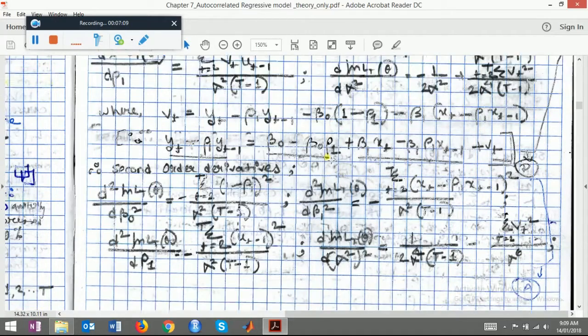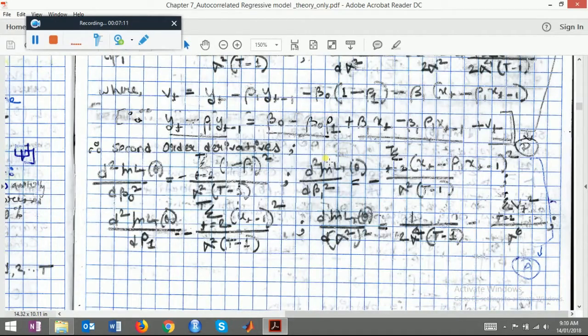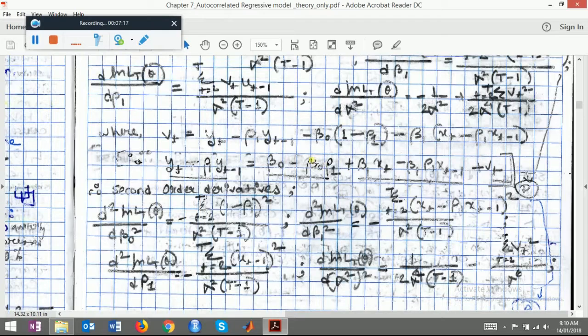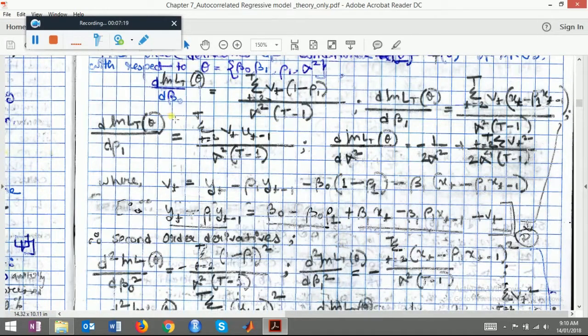Now we are going to move into second order derivatives. When we take another derivative of this portion, vt vanishes and we have 1 minus rho 1 square over sigma square.